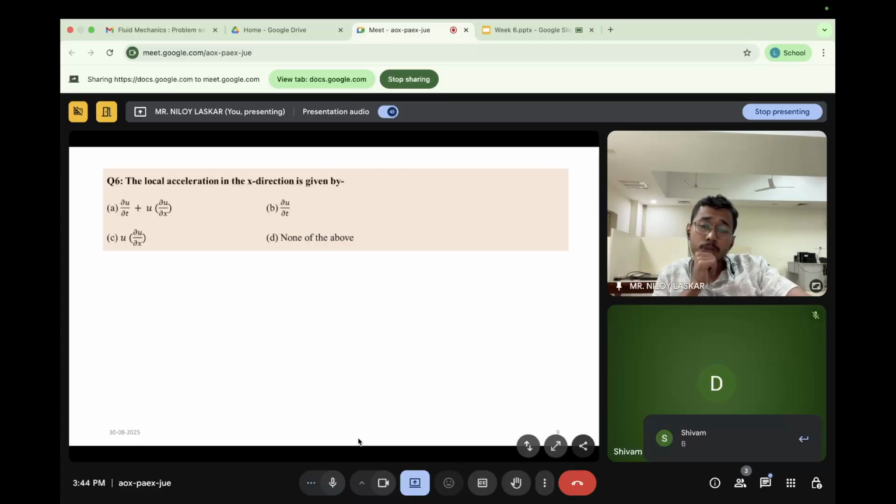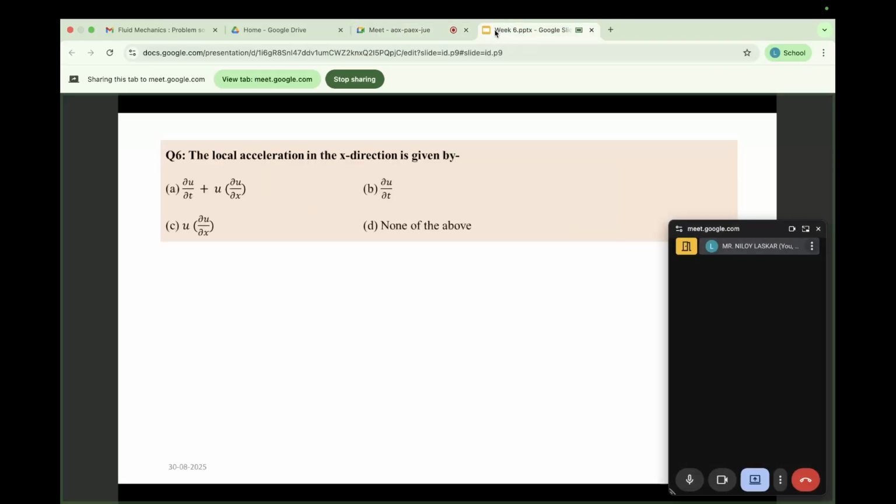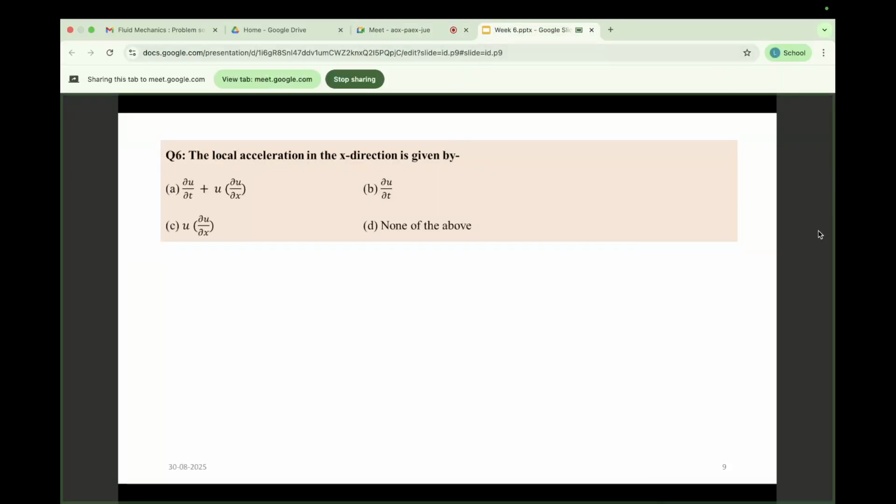Good, very good, Shivam. So B. So I am explaining this question. If I talk about the acceleration in the x direction, what exactly is it? There should be the derivative in the x direction. What I know is that the velocity is u, so it should be the derivative of u, if it's a transient problem.